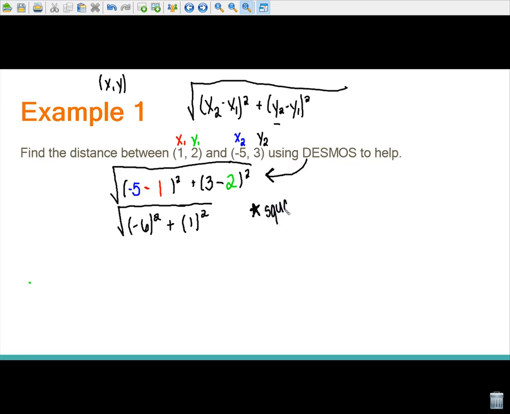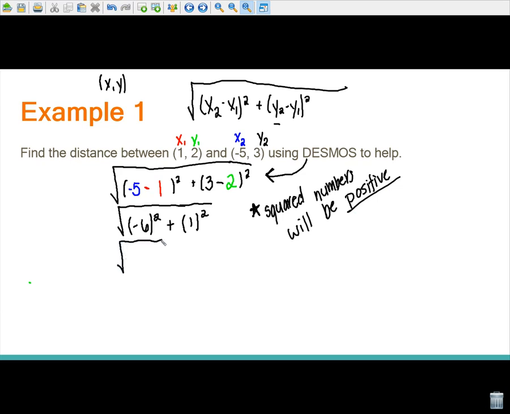So anything squared will be positive, no matter what, okay? If you have negative infinity squared, okay, that's going to give you a positive. It does not matter how big the negative number is. So for example, our -6 here, I know that this will come out to be positive, okay?